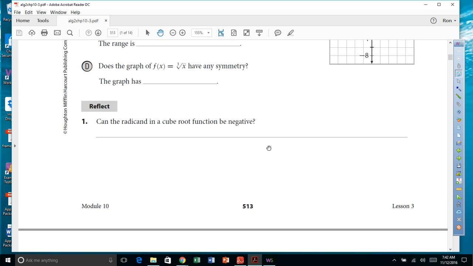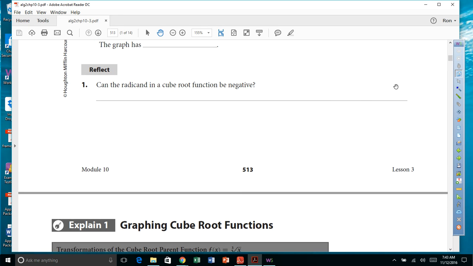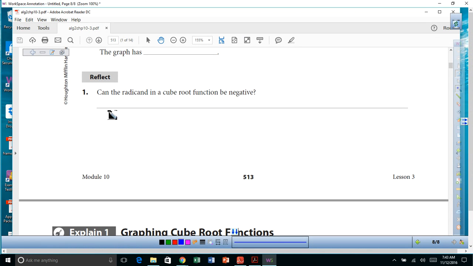And can the radicand in the cube root function be negative? Yes.